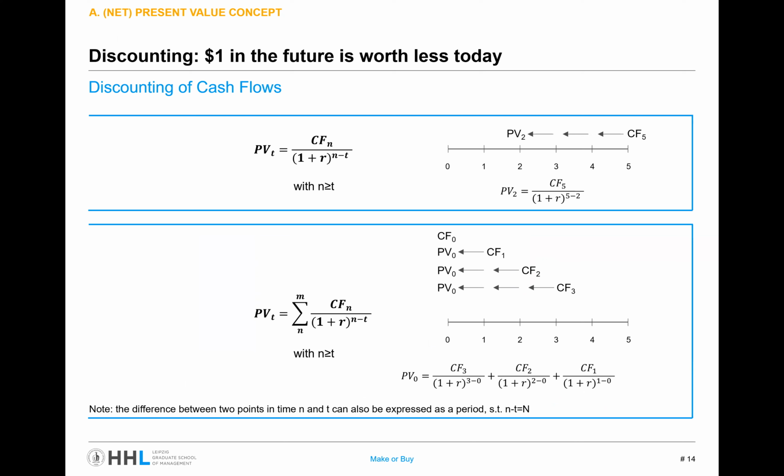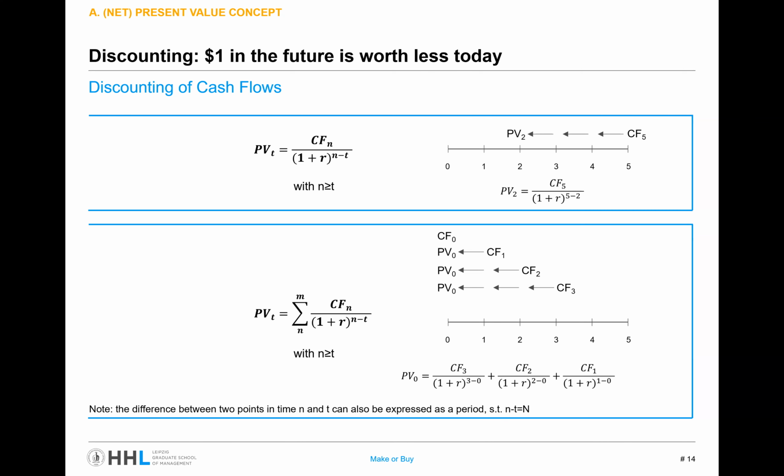So if you want to discount from year 2 to year 0, then it is basically taking the cash flow and dividing it by 1 plus R to the power of 2. 3 years, 1 plus R to the power of 3, and so on and so forth. So the basic idea is, the further out a cash flow lies in terms of timing, the less it is worth today.